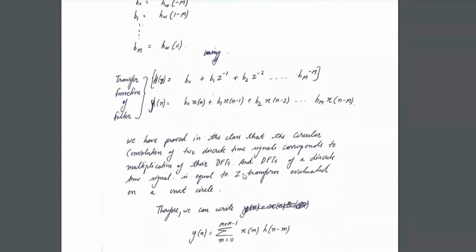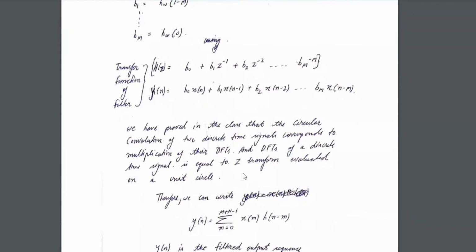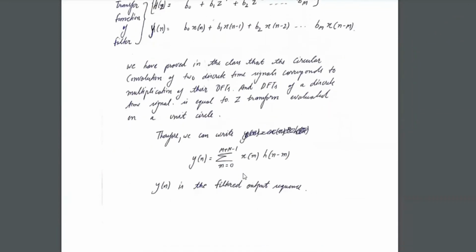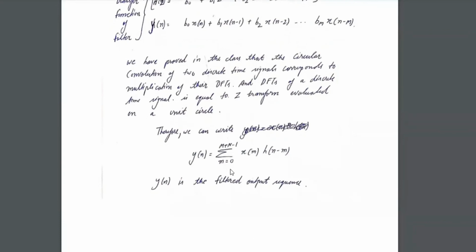We have proved in the class that the circular convolution of two discrete time signals corresponds to multiplication of the DFTs, and the DFT of a discrete time signal is equal to the Z transform evaluated on a unit circle. So we can define y(n) as the circular convolution of x(n) and h(n).